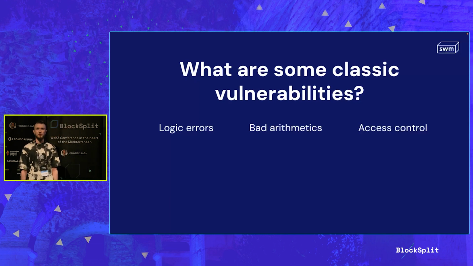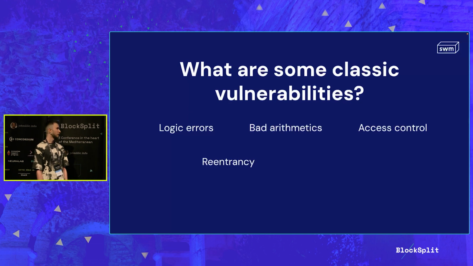Access control, so not authorizing the caller, also some unprotected external functions. Reentrancy, so basically when a function allows the caller to recursively call it without the function actually fully exiting.